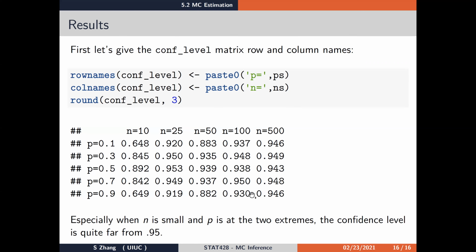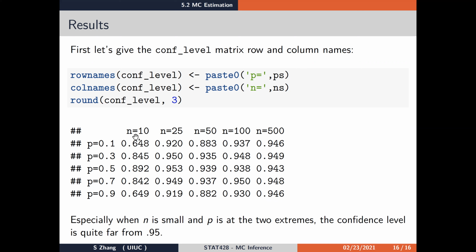So for larger sample sizes, the central limit theorem will apply better to our observed data. However, when the sample size is small, then especially when the probability of success is at the two extremes, so when p is 0.1 or 0.9, we can see that the true confidence level is quite far from 0.95.